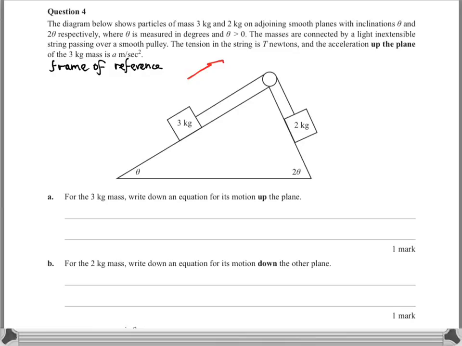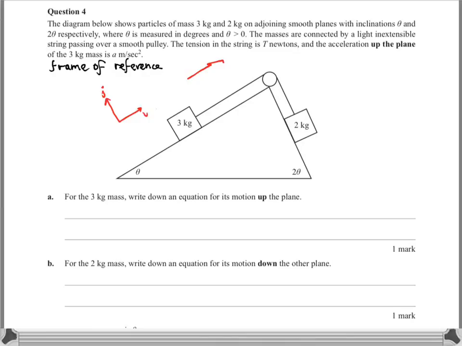When you look at these problems, it's sometimes easy to break it down to the I component being the part that is parallel to motion, and your J component would be the part that is perpendicular to motion. Now we've got two particles that undergo motion in different directions, so it's okay to have two different frames of reference for our two different masses.